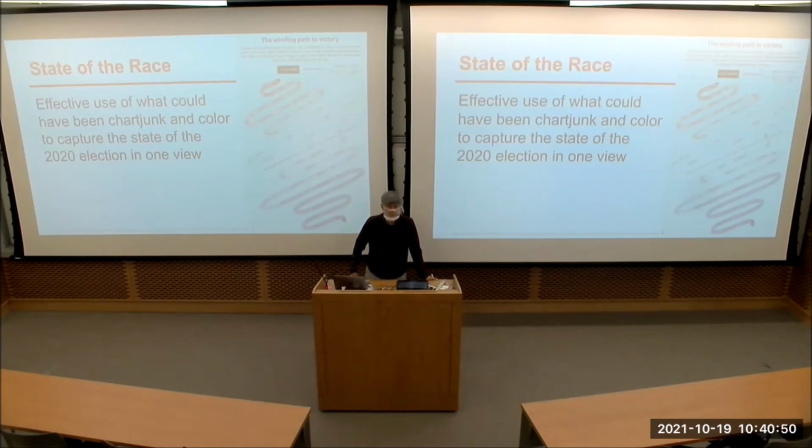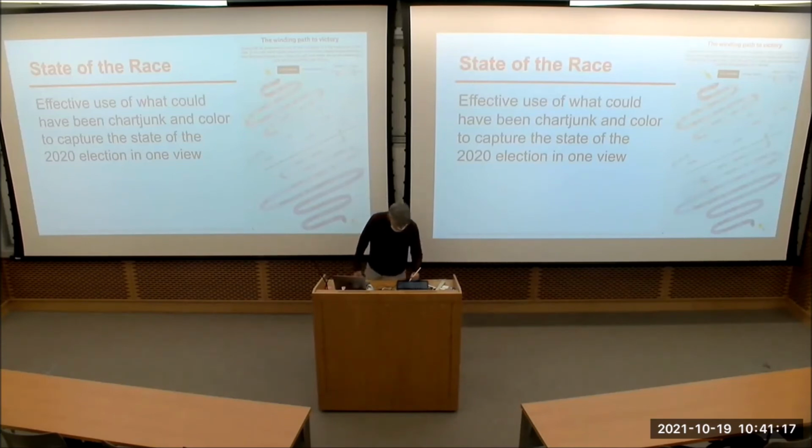This shows the state of the election not too far before the actual vote. They sorted the states according to winning margin, from most Democratic to most Republican, based on redness and blueness.